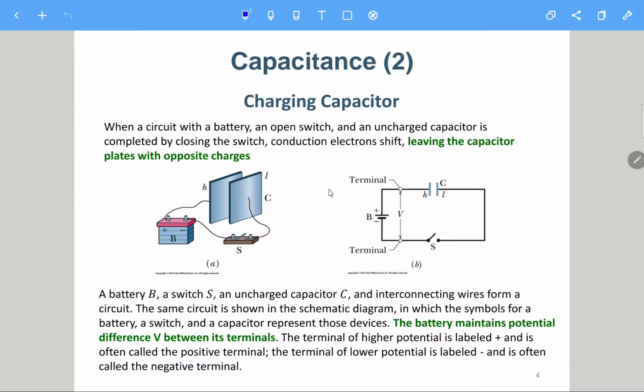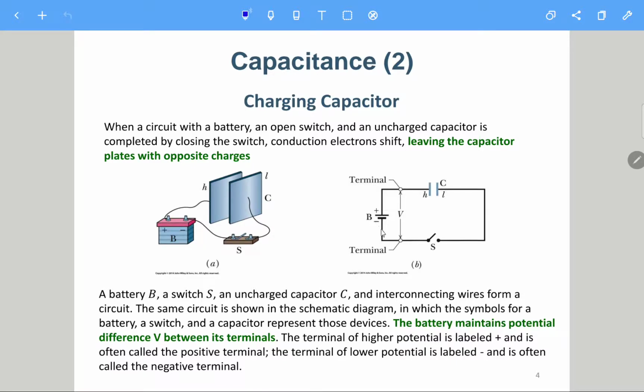So here, this is a setting. We have a battery here, and then this is a switch, and then this is a capacitor, at least two conducting plates. Drawing it in the electric symbols, a battery looks like this. So this long edge is the positive edge.